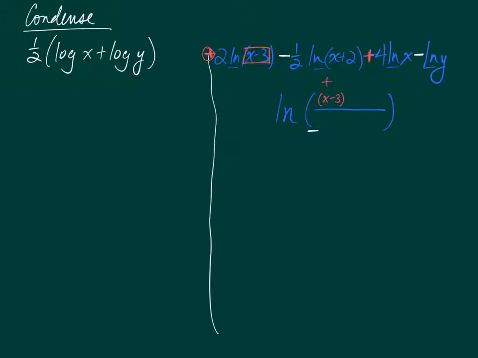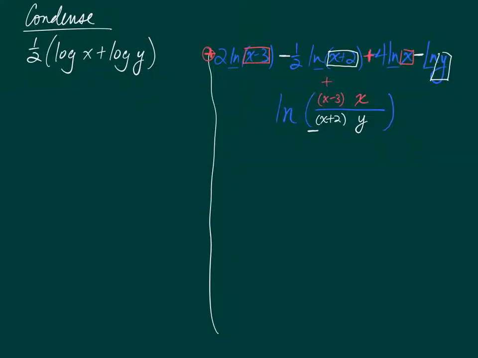And over here, I see another positive log, and I have an argument of x, so I will be writing x. I'm not doing any crazy operation here, I'm just going to write them next to each other. So x minus 3 and x. And in the bottom, I'm going to write x plus 2. And I have another negative log over here, and the argument is y. Again, I'm just going to write those next to each other.